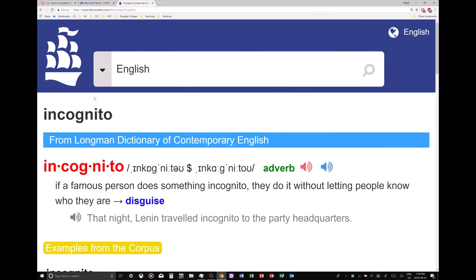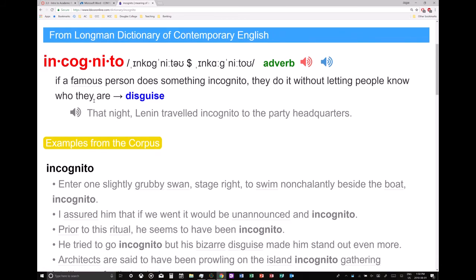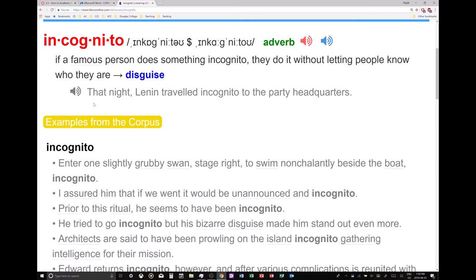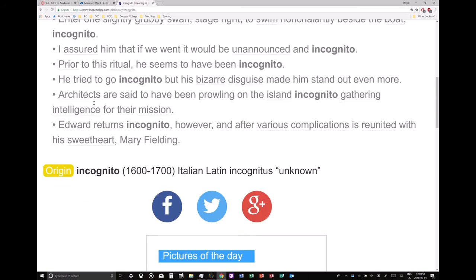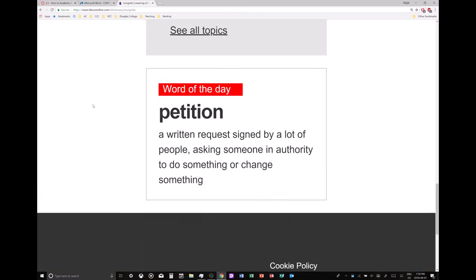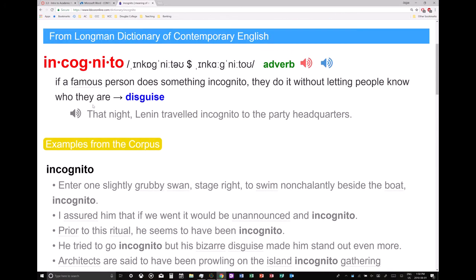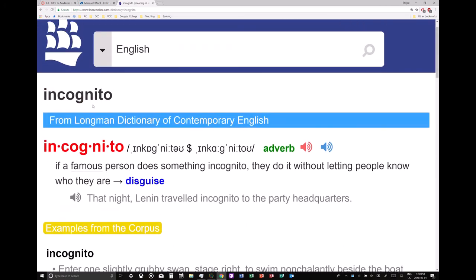Alright, so we have the word incognito. If a famous person does something incognito, they do it without letting people know who they are, a disguise. So that looks pretty good so far. And we can go down to see if there are any other definitions for incognito. No. Okay. So here the dictionary says it's an adverb.